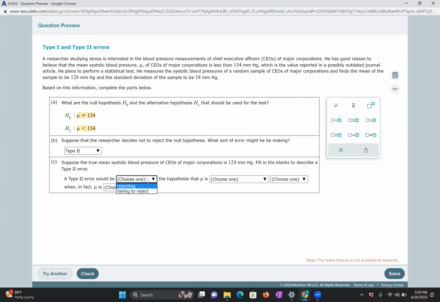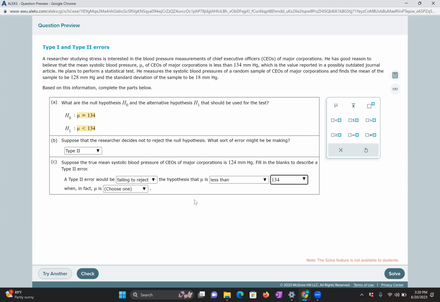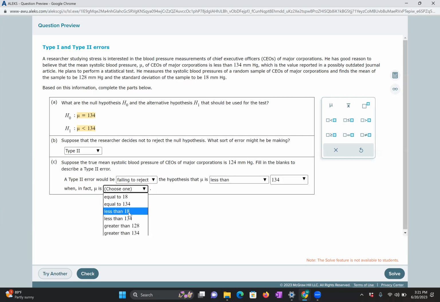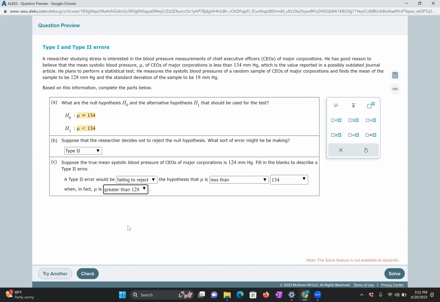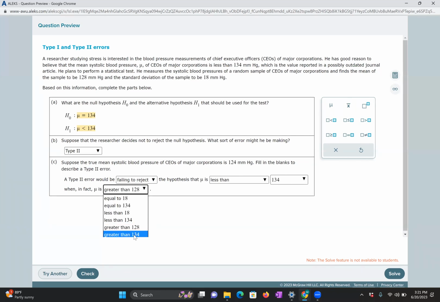So type 2 is failing to reject that the mu is less than 134, when in fact the mu is less than 134.